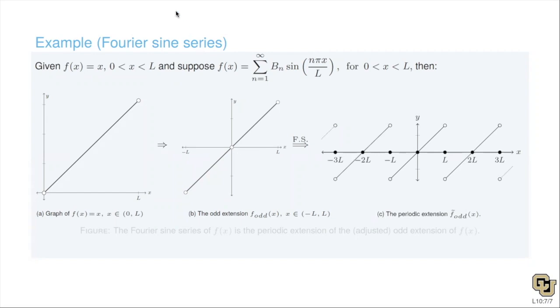Here you can see I've averaged it at its jump discontinuities, and the removable discontinuity here has been taken out. That's the adjusting, and then you have your periodic extension. So that's what the Fourier sine series of f of x, where x is defined between 0 and L, would look like. It's also just the regular Fourier series of the odd extension of x on minus L to L.